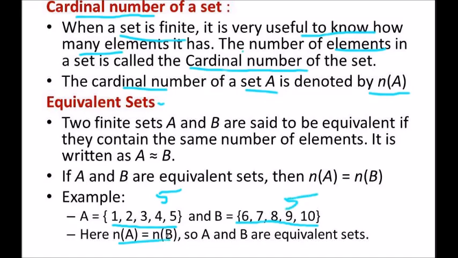So, in short, two finite sets A and B are said to be equivalent if they contain the same number of elements. It is written by the equivalent symbol. If A and B are equivalent sets, then n(A) is equal to n(B).